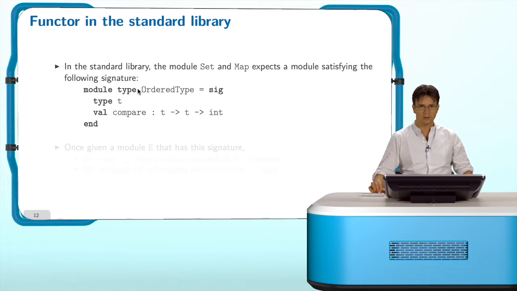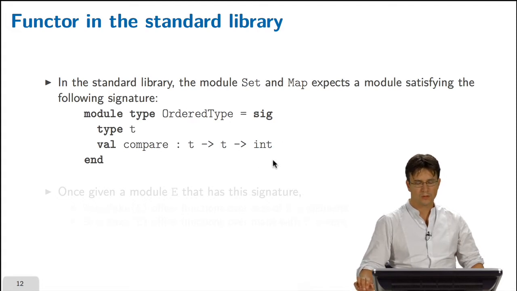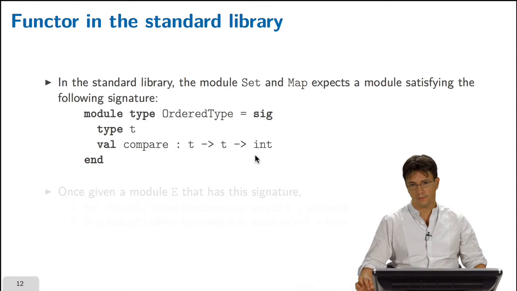So this signature is named OrderedType because it contains a type t, which is equipped with a function that compares two values of type t and produces 0 if these two values are equal, and -1 if the first one is smaller than the second one, and 1 otherwise.